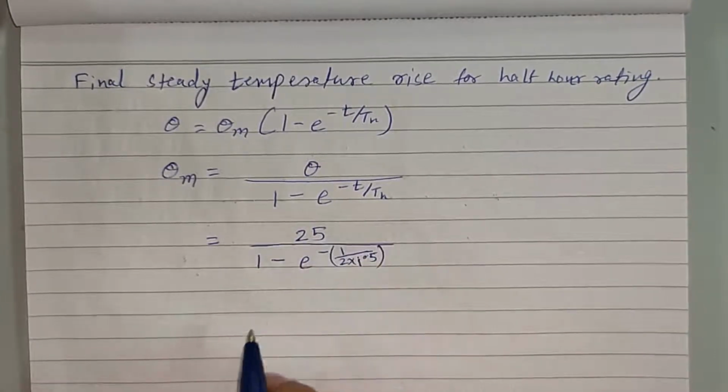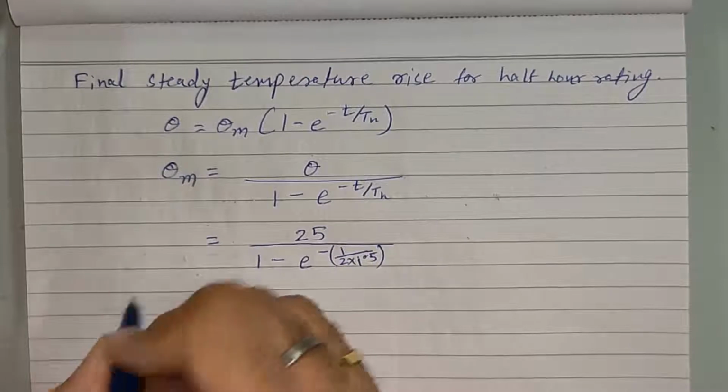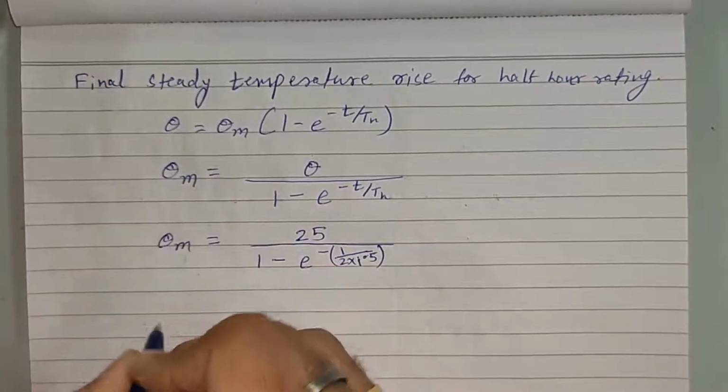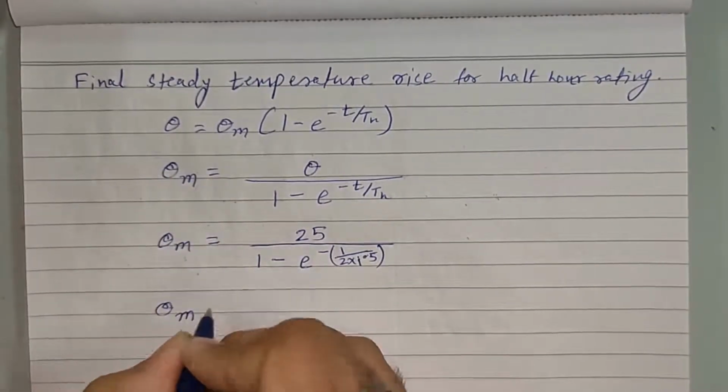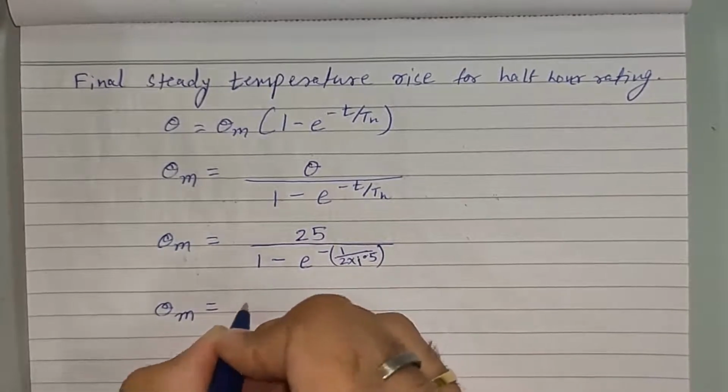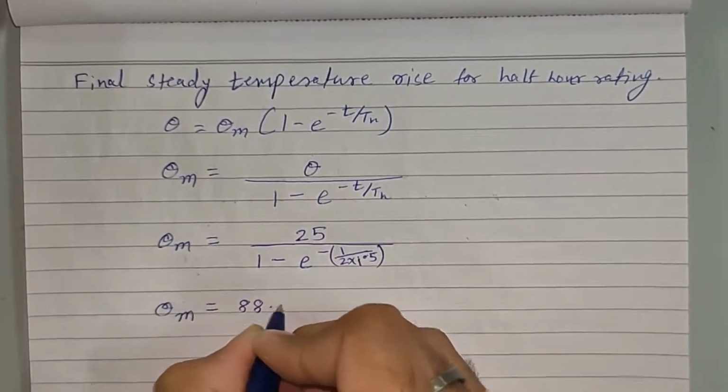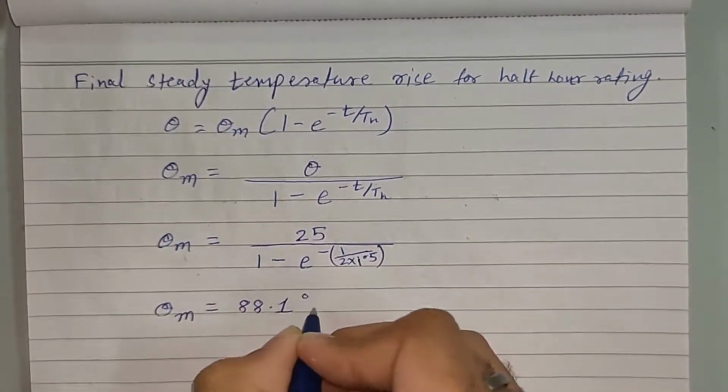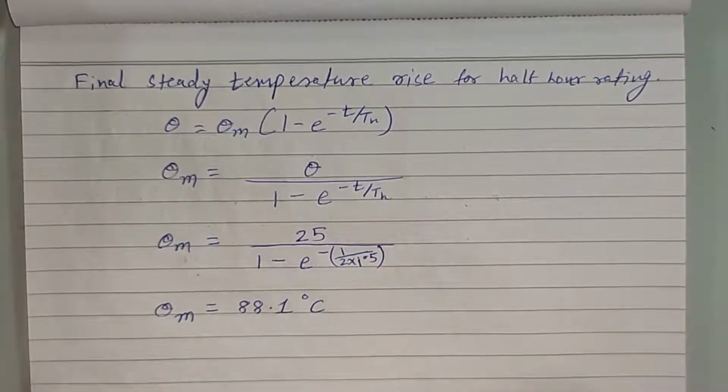On solving this particular equation, the value of theta m received is almost 88.1 degree centigrade.